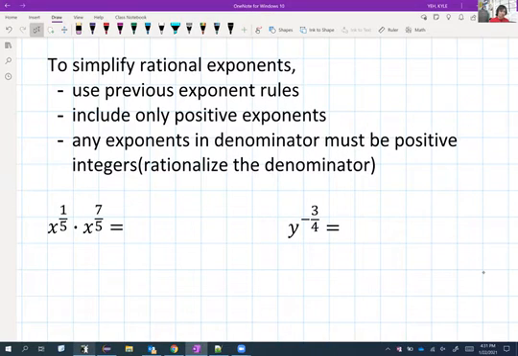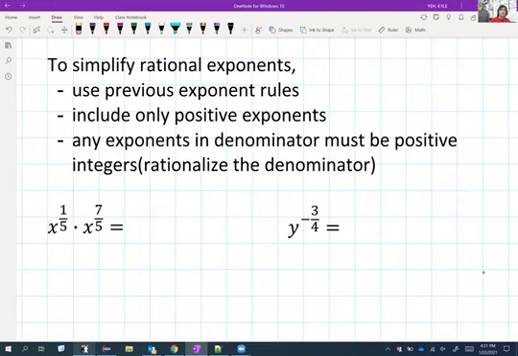You can see on the screen I have a few general rules. Use previous exponent rules. We studied exponent rules in chapter 6, and it's important that we know them. We can still use them even if the exponents are fractions. Include only positive exponents. In general, for the way our textbook is defining these, simplified means only positive exponents, no negatives, kind of like you see down here.